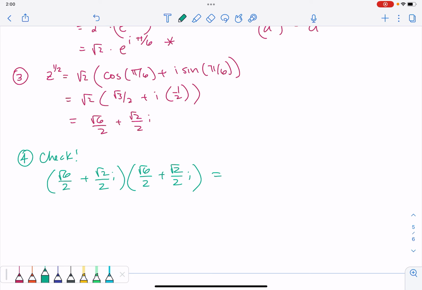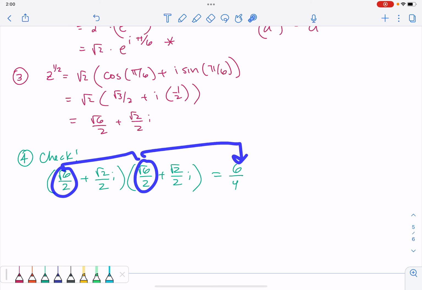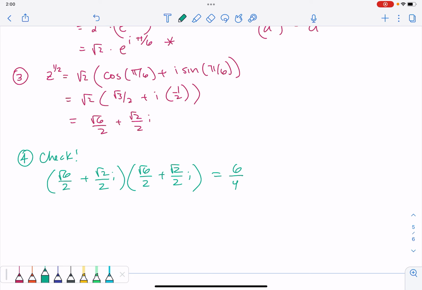Okay, let's see if that happens. So the first two things multiplied together, root 6 times root 6 is 6, 2 times 2 is 4. So all I'm doing is just saying, let's do the first things together. And that gives me this number here. Plus the outer things. So root 6 times root 2 is root 12, so that's root 12 over 4 i, plus, well, those inner parts are going to give me the same thing.